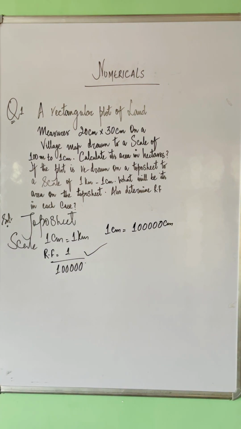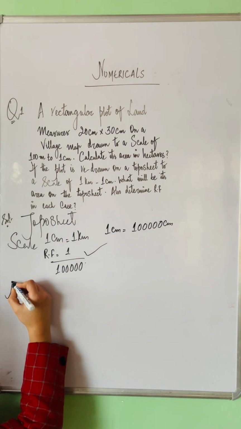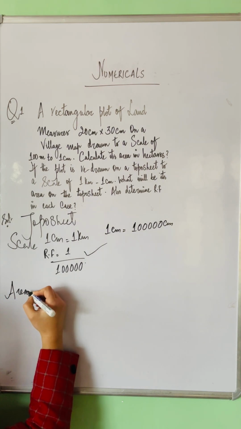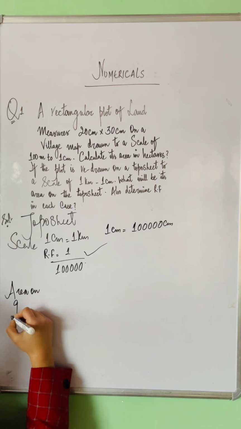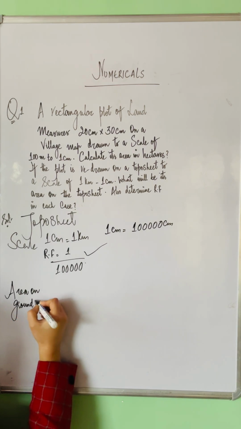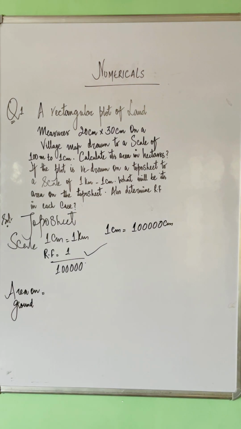Now what does the question demand? Question says what will be its area on this topo sheet if the same plot of a land has been redrawn. First it was drawn on a village map, now it has been redrawn on a topo sheet. What was its area on ground? We calculated it 600 hectares, right?